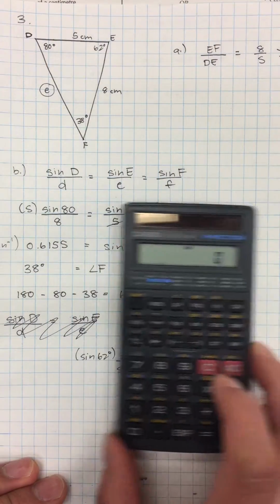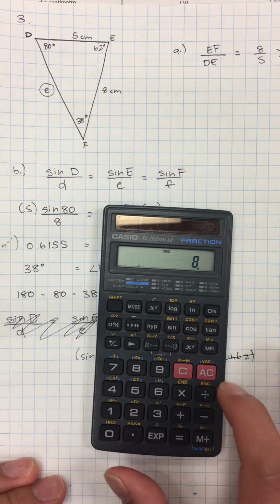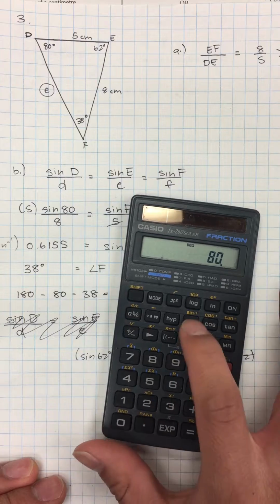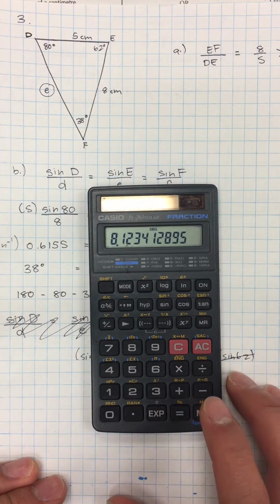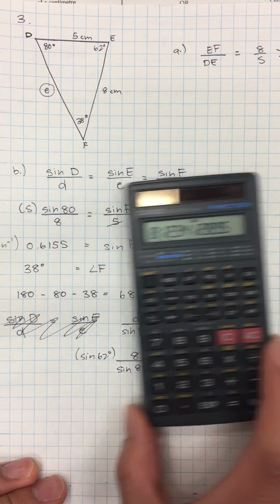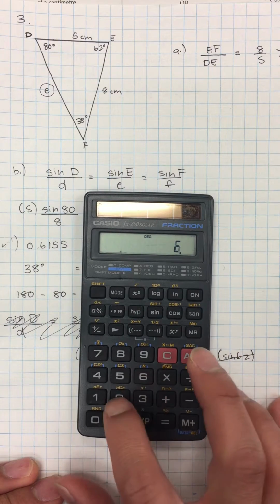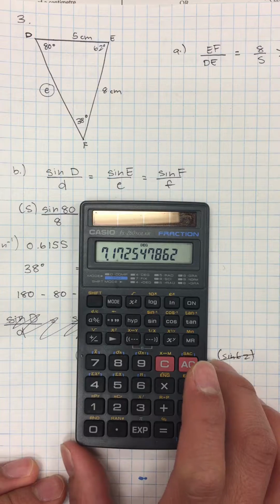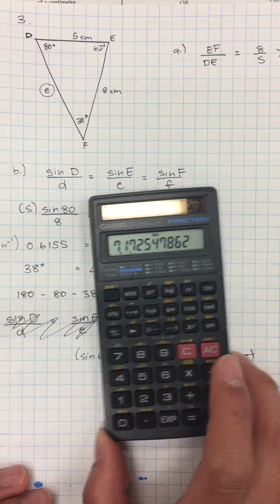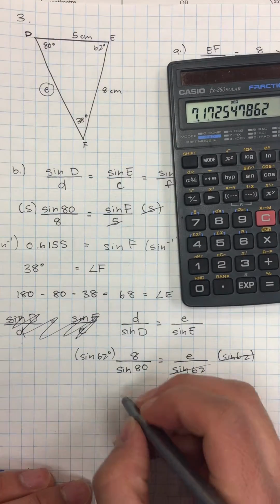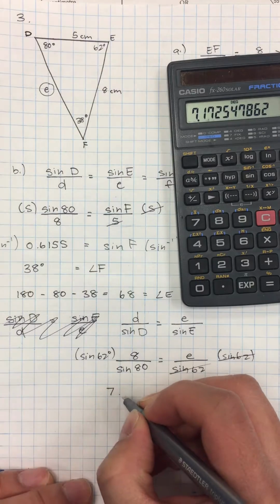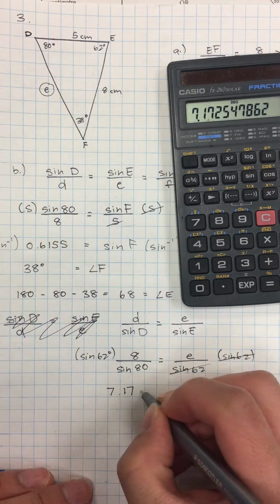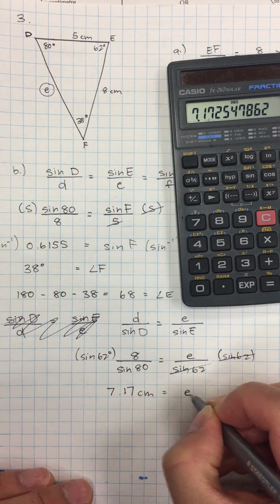So I'll do 8 divided by 80 sine equals times 62 sine equals to 7.17 centimeters is equal to E.